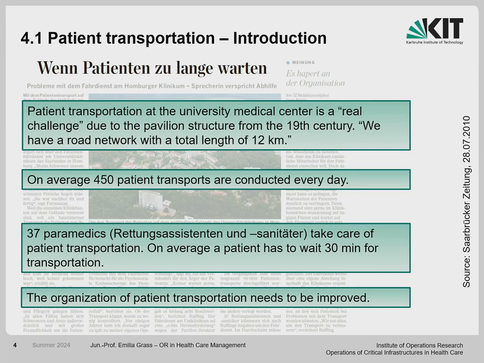Okay, so a huge distance that patients and transportation have to cover. And we have on average 450 patients per day. Okay, so it's pretty stressful on the street between these hospital wards.